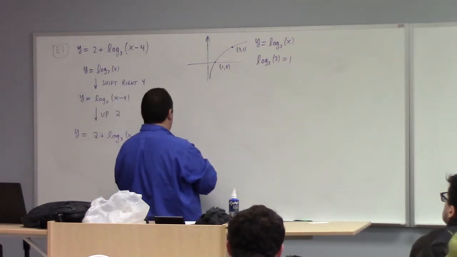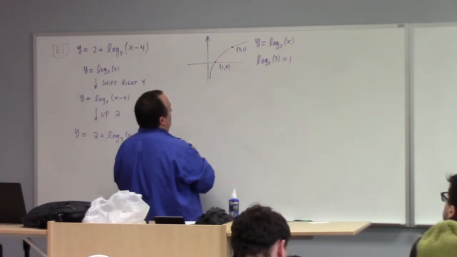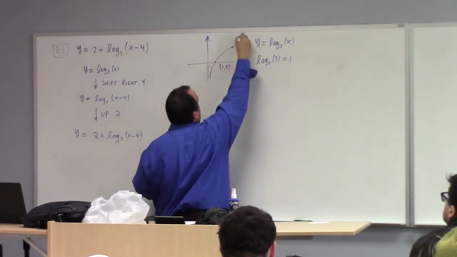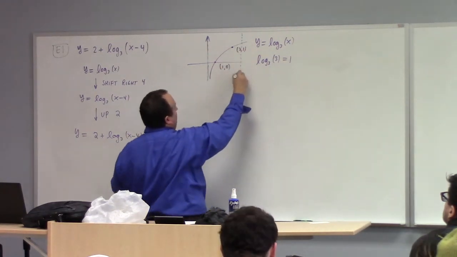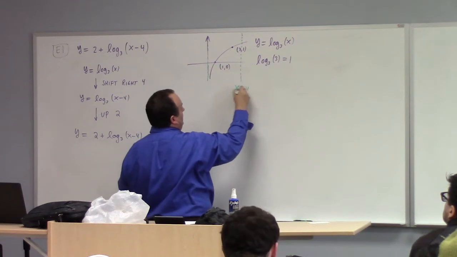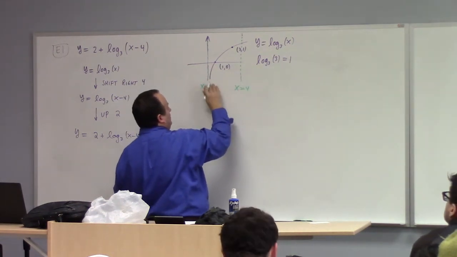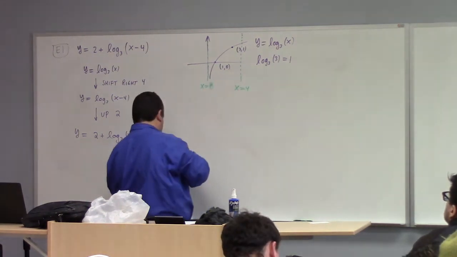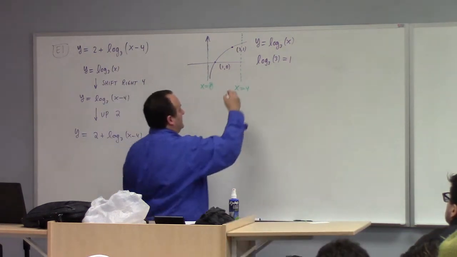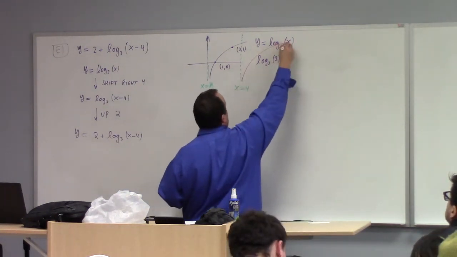So if I just foolishly draw it on here, shifting right 4 is going to move my vertical asymptote over to x equals 4, whereas before it was x equals 0, right? It just takes the whole graph and shifts 4 units over. So it's going to look something like this, all right?